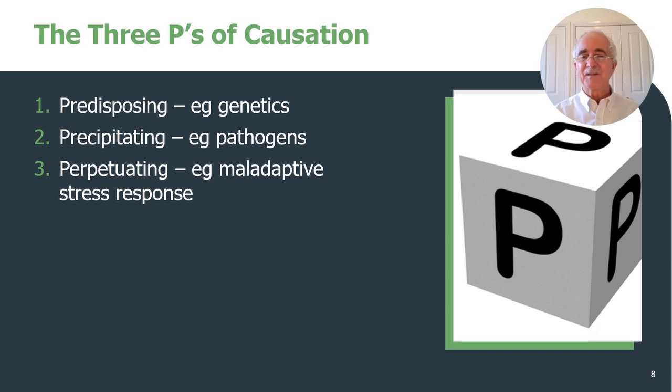So the question is, which one of these causes do you prioritize in a particular patient? And the answer is you don't prioritize any. You need to treat all 3. You need to target all 3 as you can isolate and identify them based on the person's history and what is known about the disease.